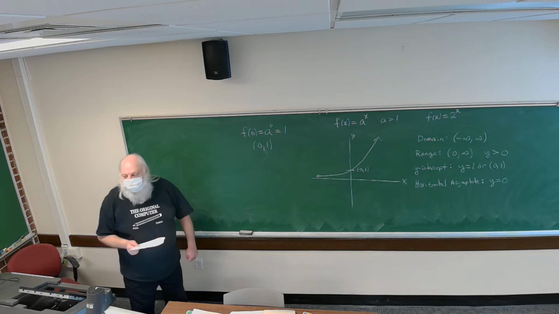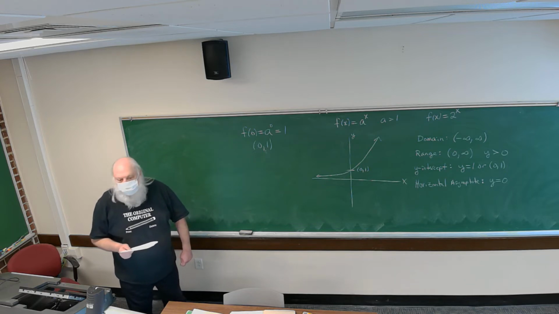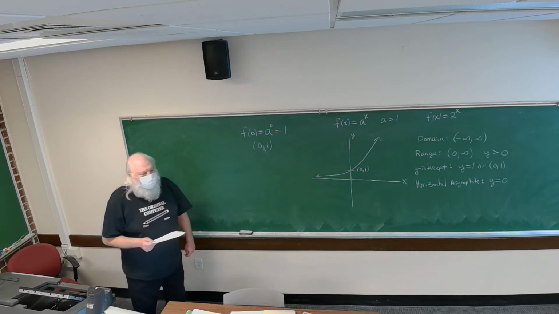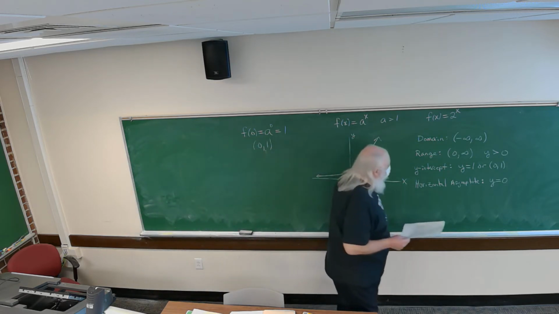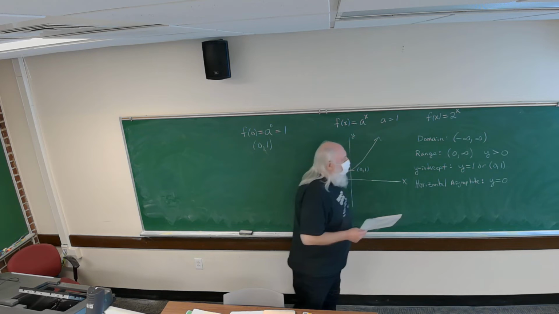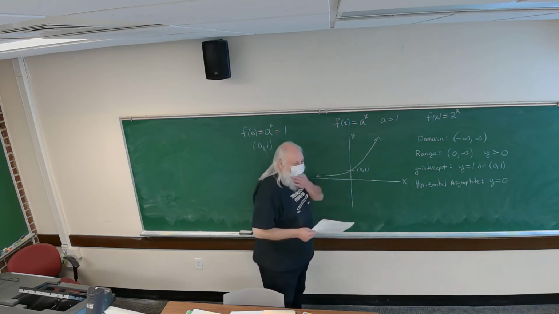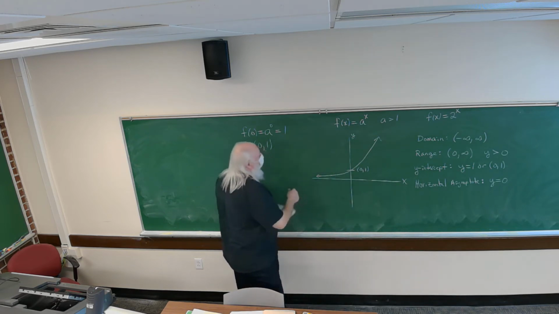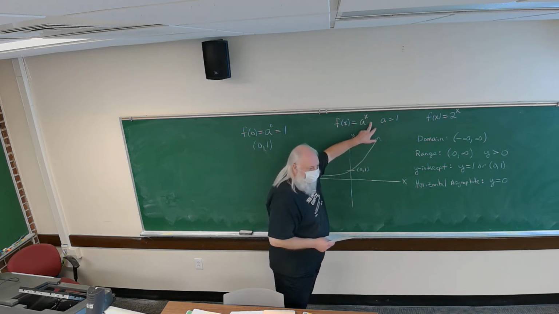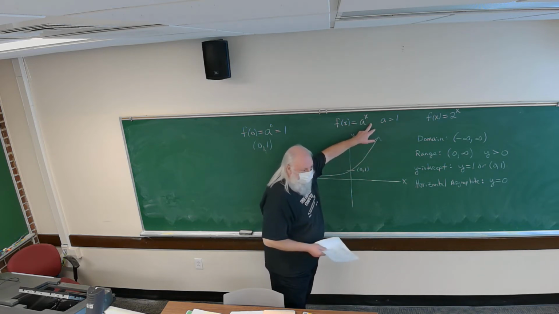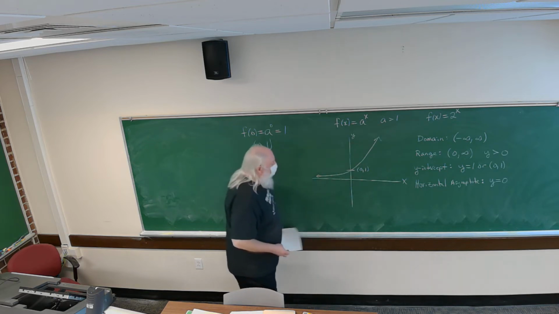Any questions on that? Yes, ma'am. How'd you say you got the horizontal asymptote? Prior knowledge. Okay. So if you evaluate this function for large negative values of x, like we did with f of x equals 2 to the x, okay?